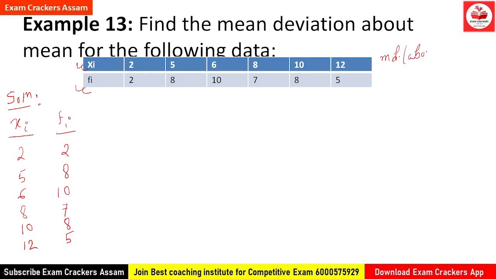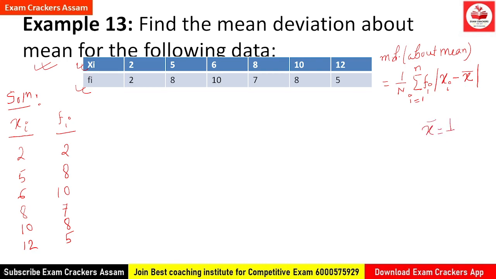MD about mean is 1 over n summation i goes from 1 to small n fi mod of xi minus a. এটা a ঠাইত আমি কি লিখিম x bar, কিয় এটা ইন জেনাৰেলাইজৰ পৰা আমি স্পেসিফিক কেছত আহি গলো, because they have asked you to calculate mean deviation about mean বুলি কোৱাৰ লগে লগে a will be replaced by x bar. Okay, so to calculate this MD, what do you need first? We need x bar, right?